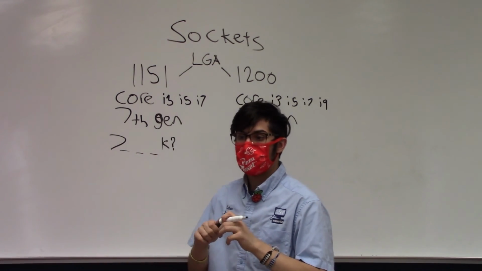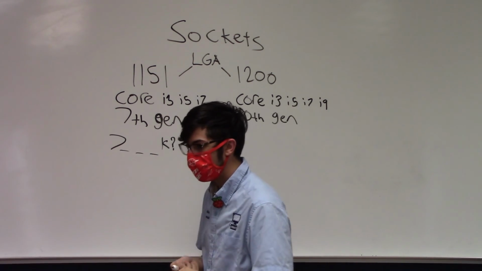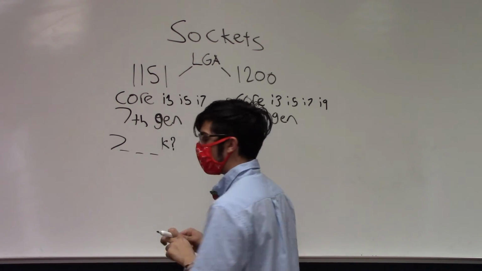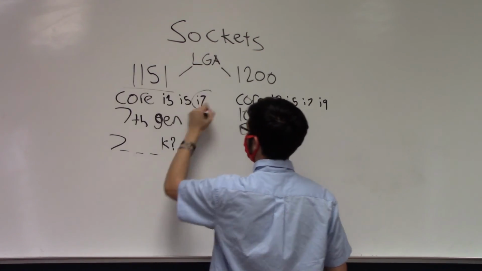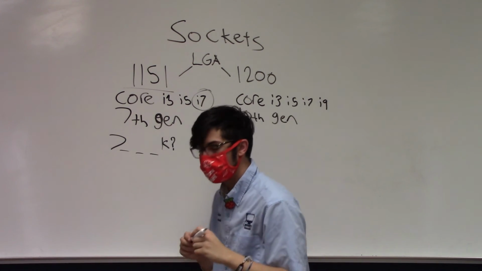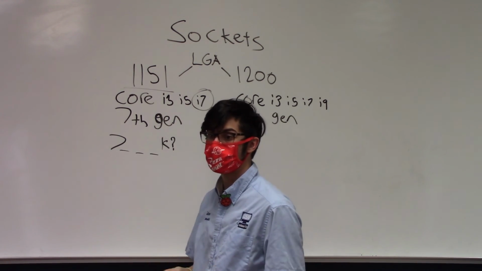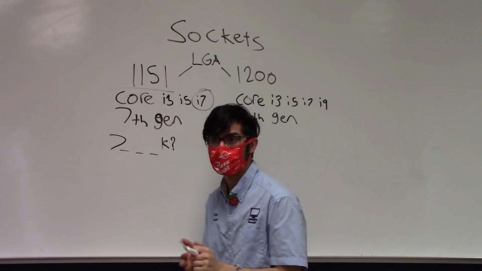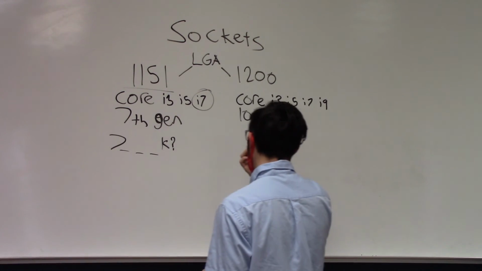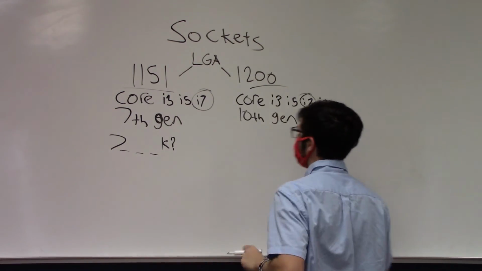So my suggestion is, for business, go with a 1151 i7, just so you can have fast processing with calculations or whatever you need to do, and then you have that extra processing to watch a video in the background or something. And for gaming, I suggest a 1200 i7 Core.